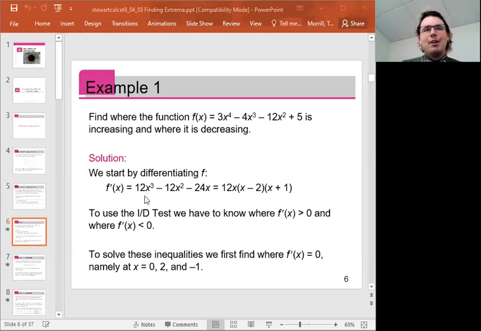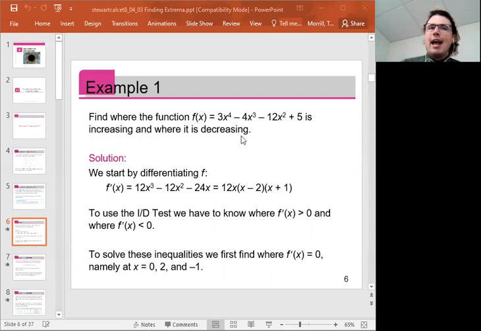So first of all, notice that all of these coefficients are divisible by 12. And then notice that every single power of x there is at least x to the first. So I can factor out an x, and I can factor out a 12. And then the remaining stuff left over is just a quadratic, which here has been factored for us, giving x minus 2 times x plus 1.